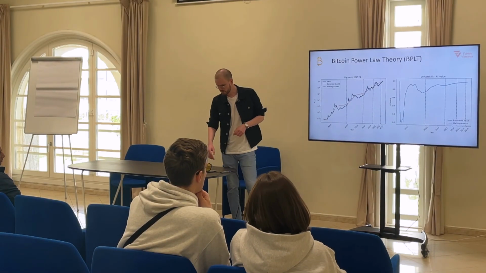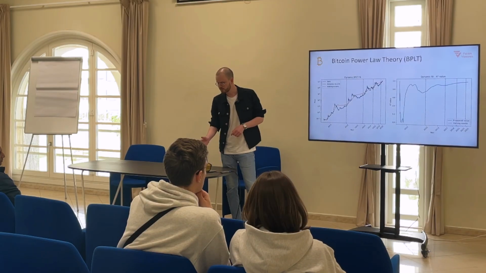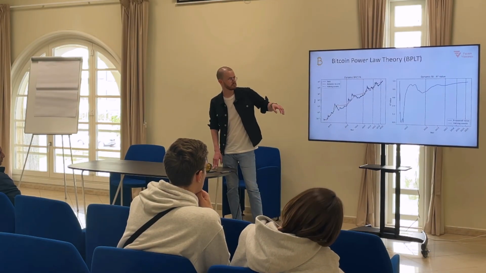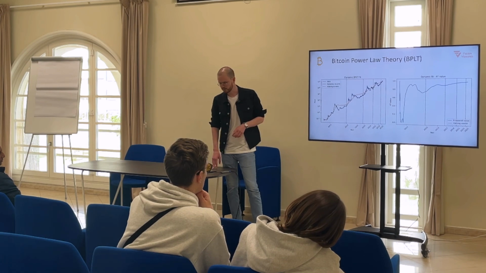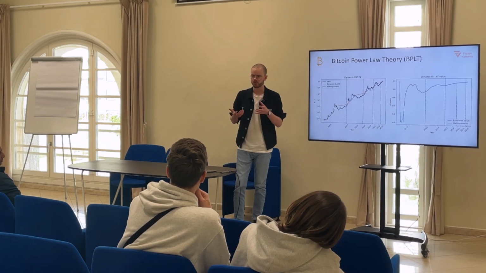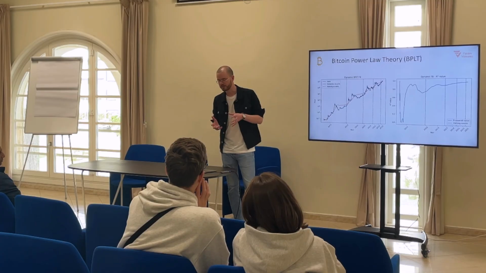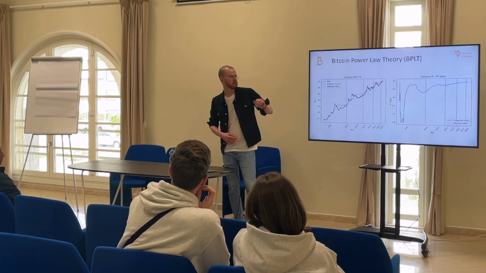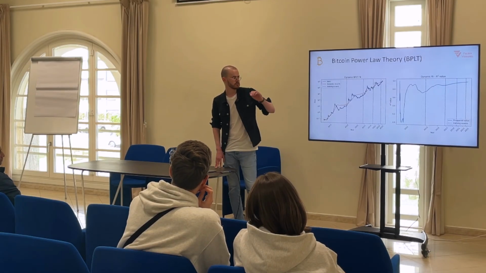And in the first 7 years of its history, there was quite a lot of volatility within this R squared value, which basically, again, shows you how good of a fit this model is. And since about 2017, it has stabilized and has been monotonically going up.